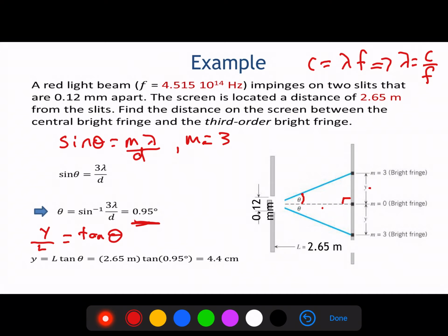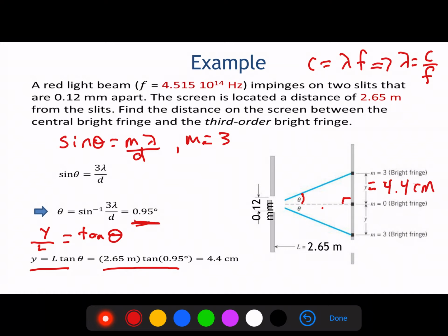I can solve that equation like so, plug in the values that I was either given or found, and then I can determine that the distance y is going to be equal to, in this example, 4.4 centimeters. Okay, so that's an example of how you would use these equations for a Young's two-slit problem.